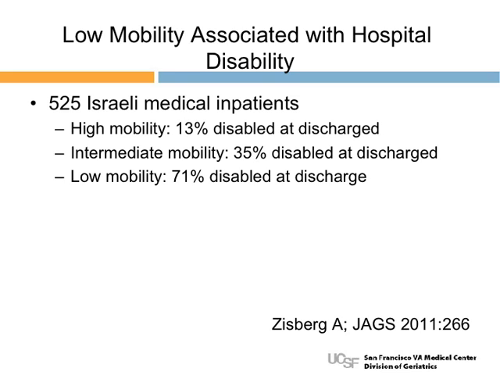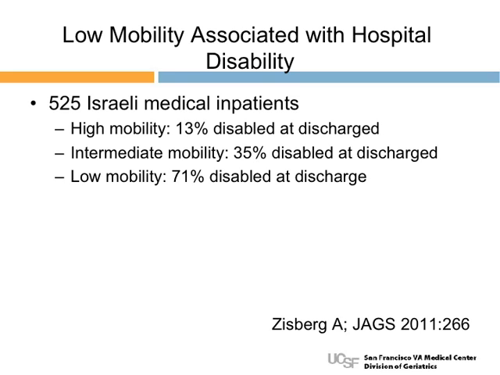This was a related study done by Anna Zisberg at the University of Haifa in northern Israel. She went one step beyond this and asked, what happens to people based on how mobile they are in the hospital? She took 525 Israeli medical inpatients, and she also used accelerometers and looked at what they did in terms of their mobility.